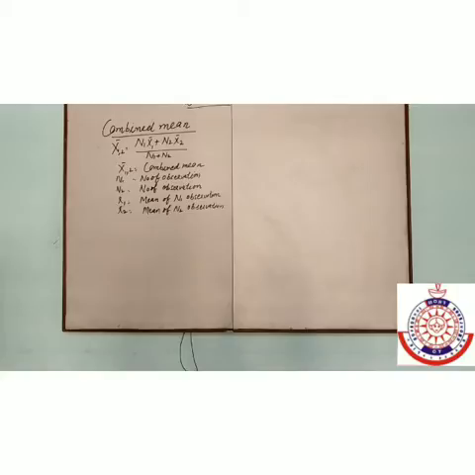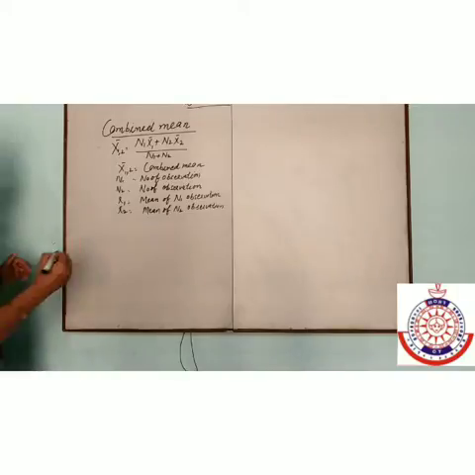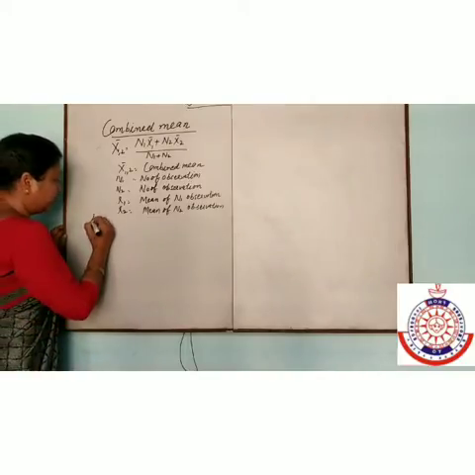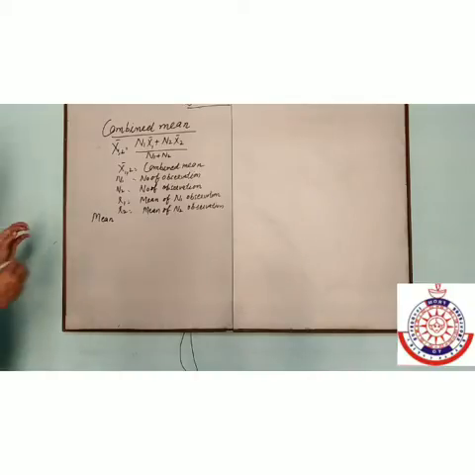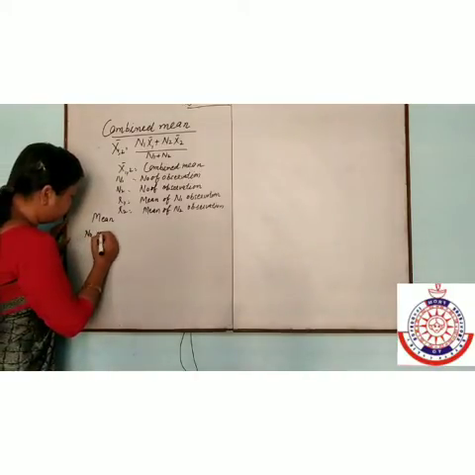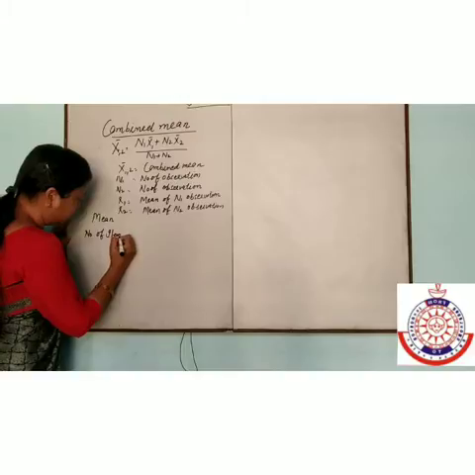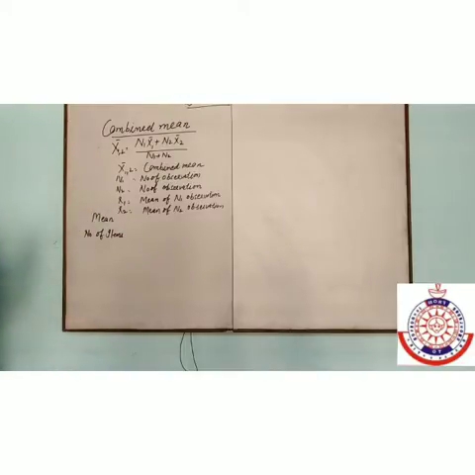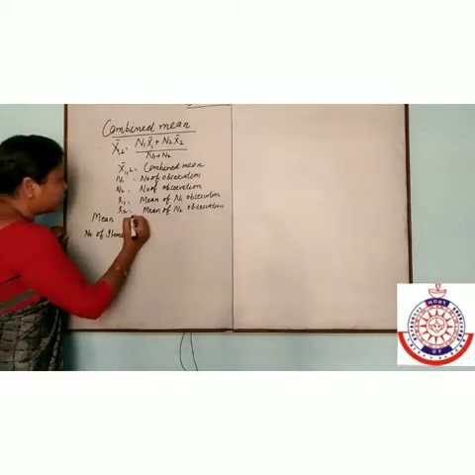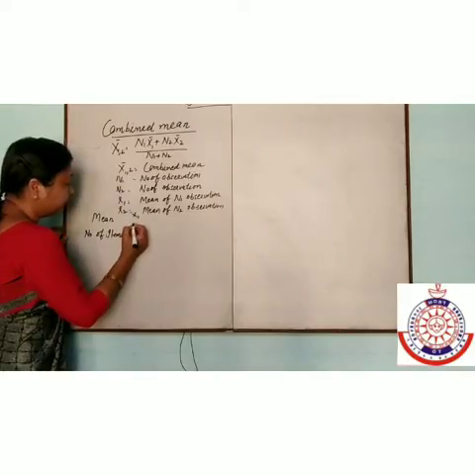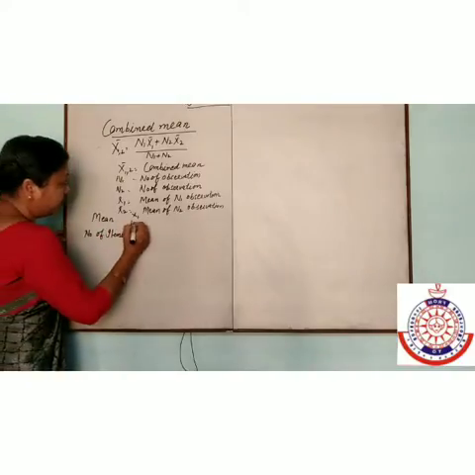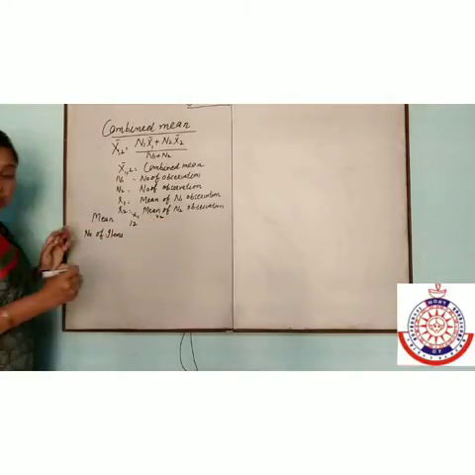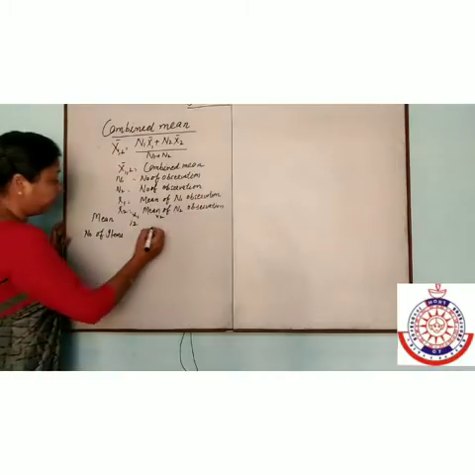The average rainfall, mean and number of items are given. For the x1 series, the mean is 12, and for the x2 series, the mean is 20.